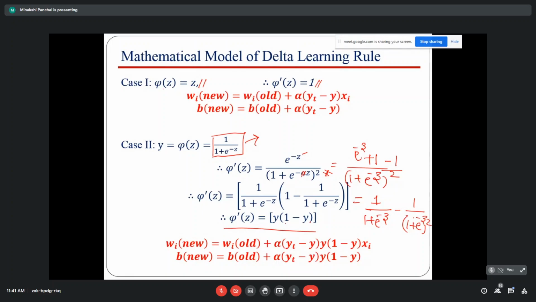Y into 1 minus y. Y is nothing but the output. तो आपको ये करने की जगह पे instead of finding this, you can just find out this. Both ways are available here to apply the back propagation, and the same formula you are using for the delta learning rule also. दोनों के लिए भी आप ये use कर सकते हो, ठीक है?